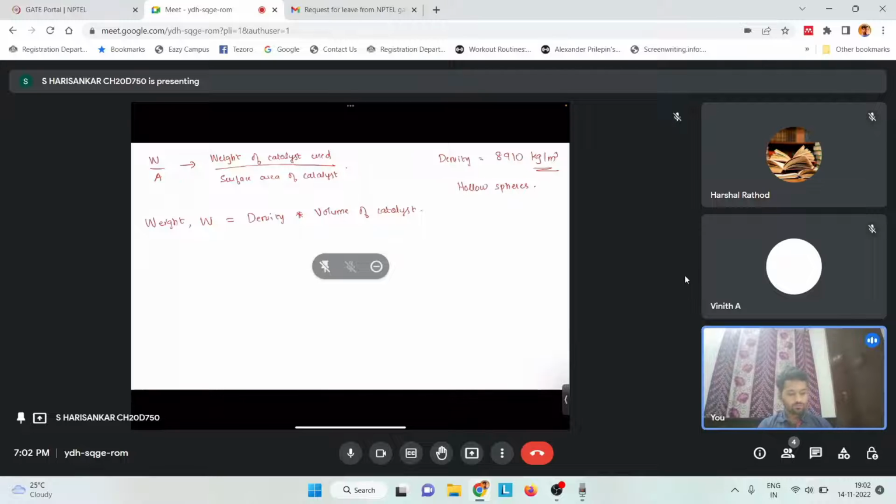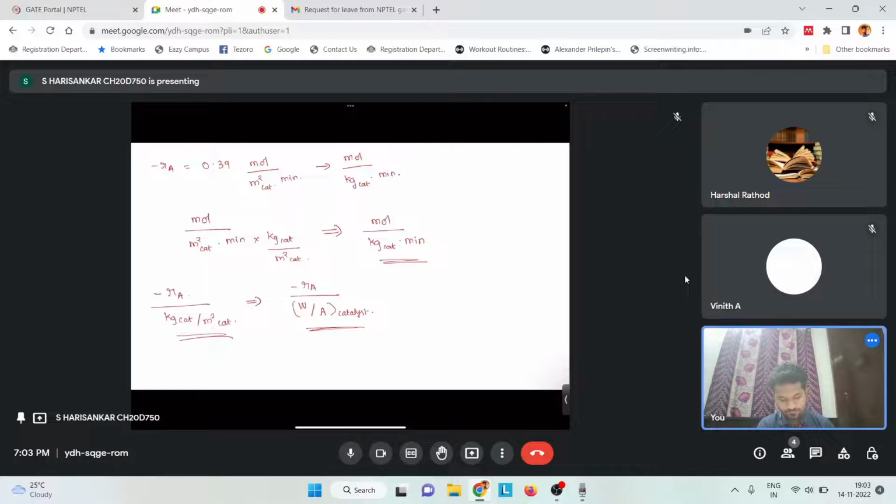So this weight will be 8910 into the volume of the catalyst. This is a hollow cylinder. The outer diameter is given as 25 and the inner diameter is given as 20. The height is also given as 25.